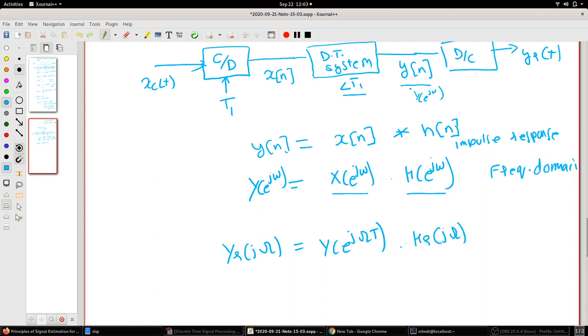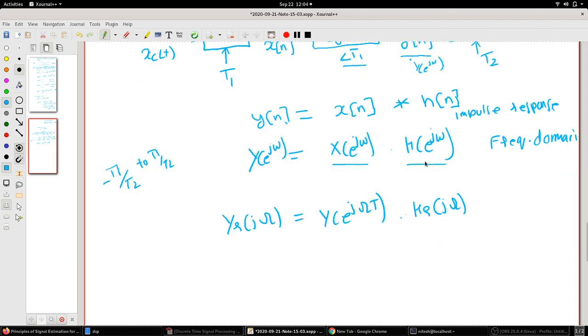H_r of j omega is the ideal reconstruction filter, which has a cutoff of, if T2 is supplied to D to C, then my cutoff will be pi by T2, from minus pi by T2 to pi by T2. Okay, so that is another thing.